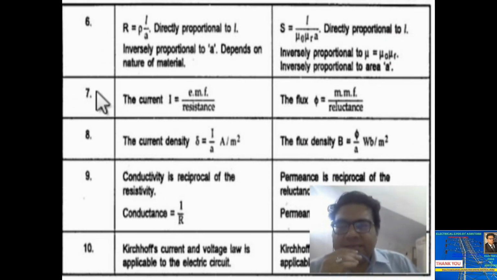And then point 6: resistance is directly proportional to the length of the wire, inversely proportional to the cross-sectional area A, and depends on the nature of the material.